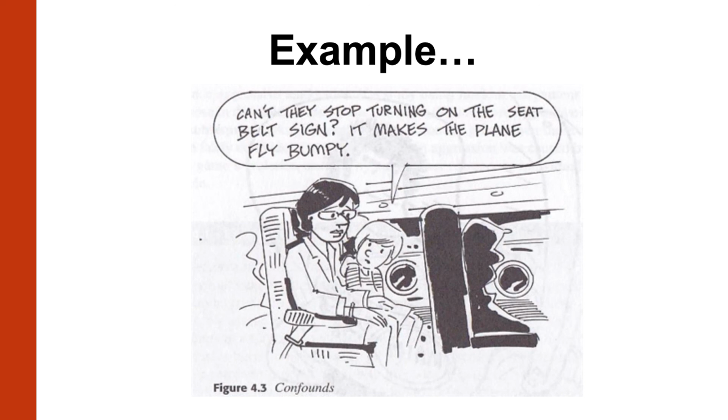But the truth is there's a third variable in this case, and the third variable is the fact that the plane is experiencing turbulence. That turbulence, or the threat of turbulence, causes the pilot to turn on the seatbelt sign, and it also causes the plane to experience that bumpiness. So two things that may appear to be correlated may not actually be, because there may be another variable that's actually causing them to appear that they're correlated when they're really not.